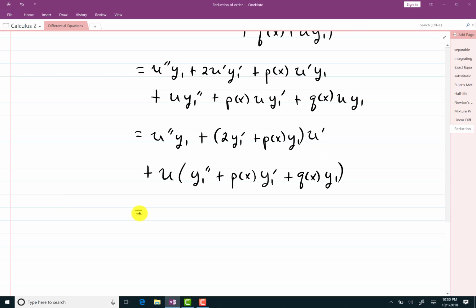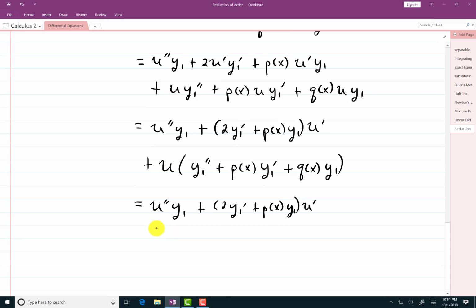Now let me write it one more time. I have u double prime y1. Actually, no, let me leave it there for just a minute. Plus 2y1 prime plus p of x y times u prime plus u times all this stuff in parentheses, which equals 0 since y1 is a solution.